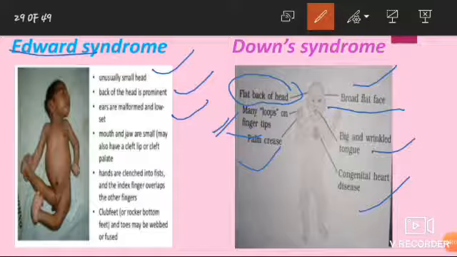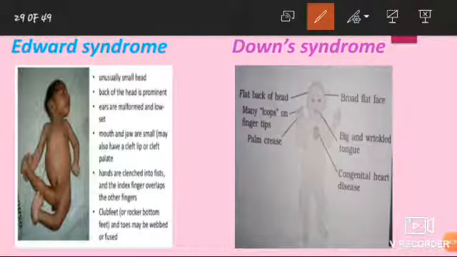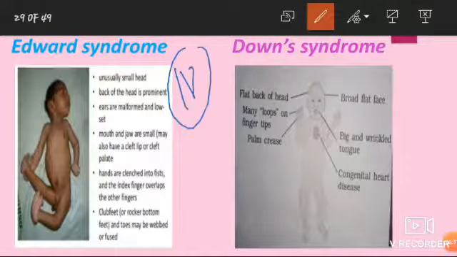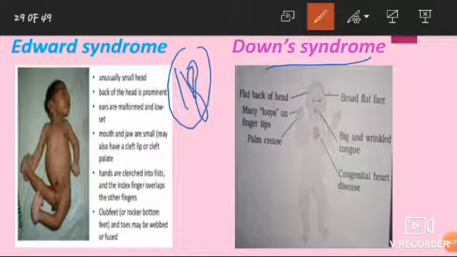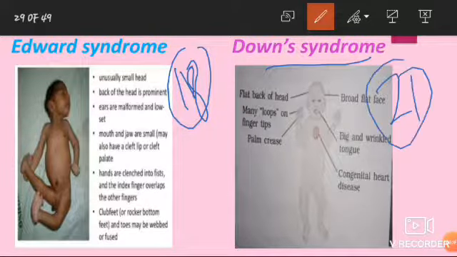That means ears are not developed fully. Mouth and jaw are small. Hands are clenched into fists. Index finger overlaps the other fingers. The fingers are not normal. Generally a webbed condition is present. So this is all about Edward syndrome. Edward syndrome is due to trisomy of 18 chromosome. Down syndrome is due to trisomy of 21 chromosome.